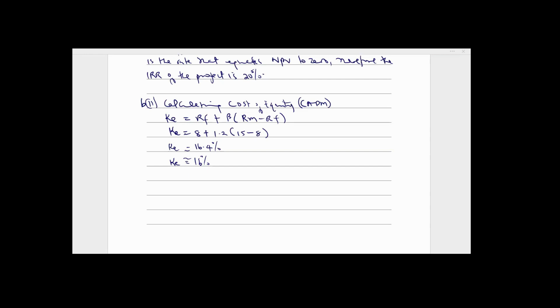After advising that the project is financially viable and should be undertaken, the next thing you should say is that, however, other factors may need to be considered before the final decision is taken, including one, project risk.